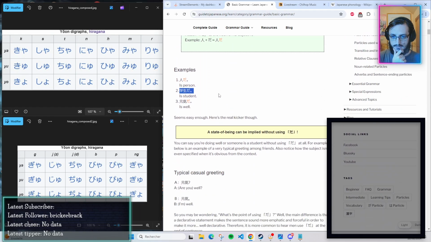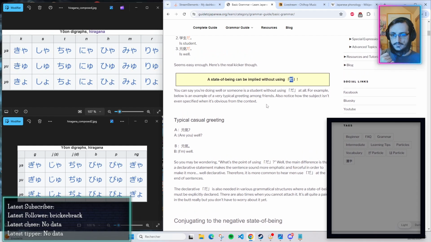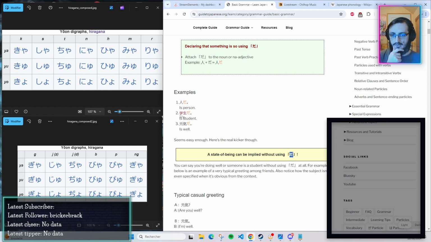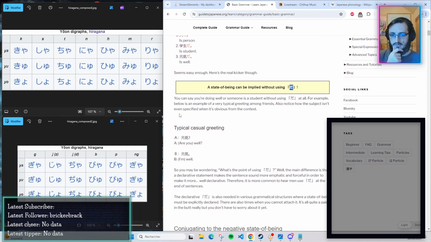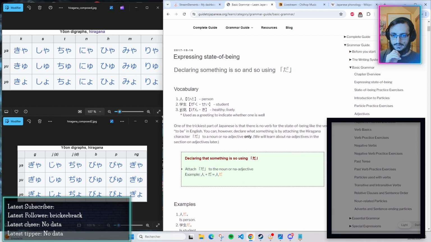You can omit the da a lot of the time, because da by itself is just a statement. You can have a statement without saying da. For example, in the case of a question, here you have the word genki, which means healthy, lively, healthy most of the time.